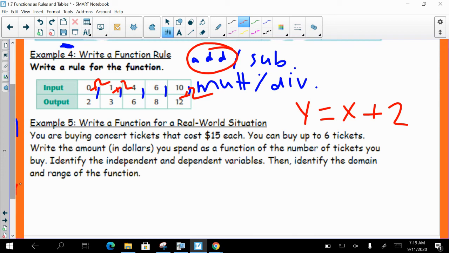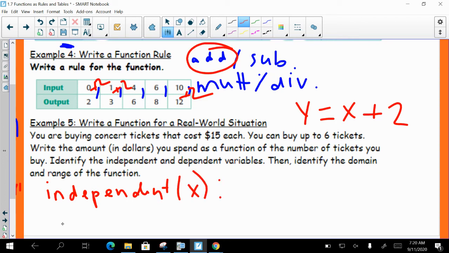Number 5, you're buying concert tickets that cost $15 each. You could buy up to 6 tickets. Write the amount in dollars you spend as a function of the number of tickets you buy. First of all, it's good to note the independent variable. There will be questions on this, like which variable is independent, which is your x, and which is the dependent variable, which is the y.